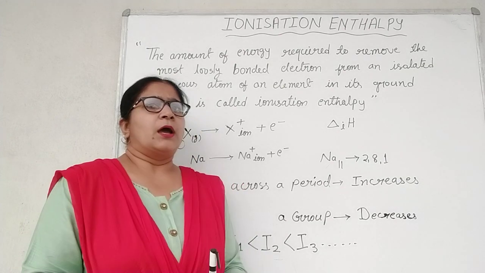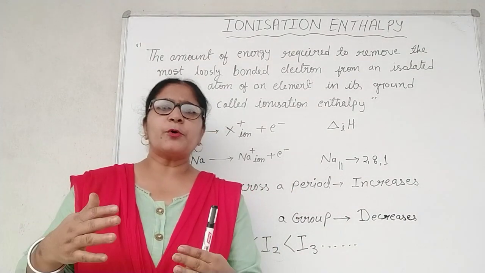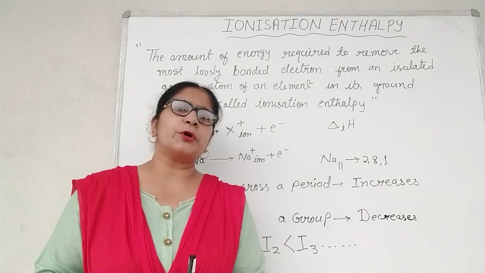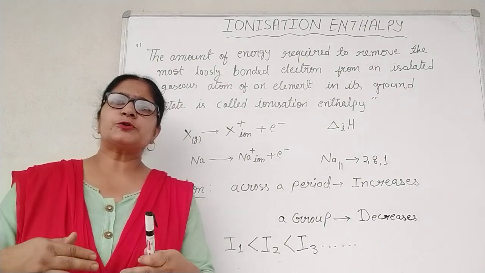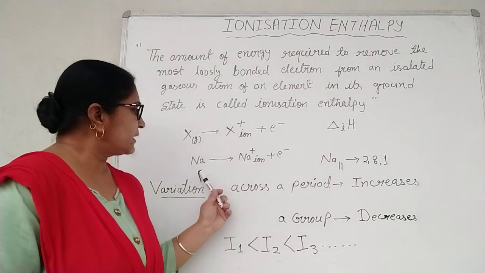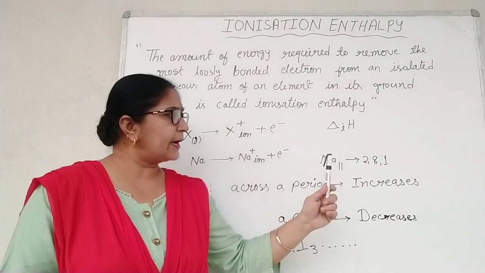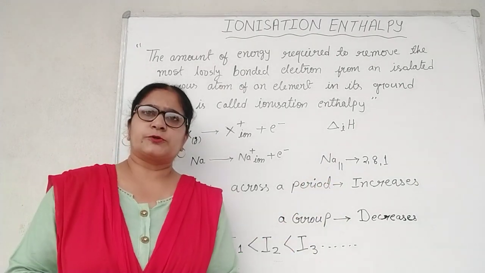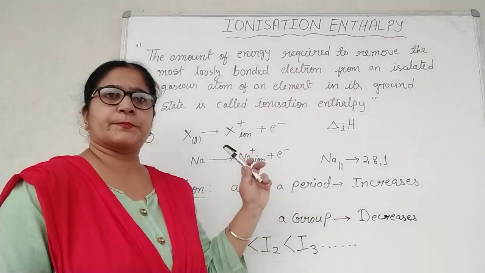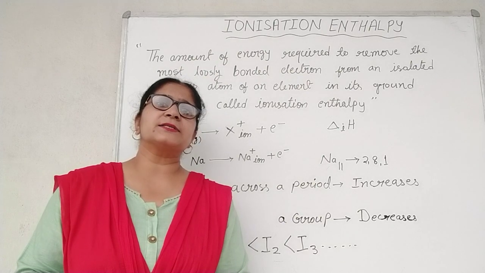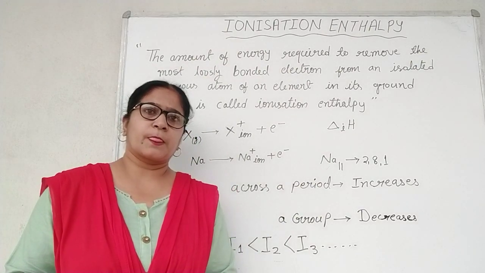Suppose I am talking about sodium. Sodium contains 11 electrons and 11 protons. The sodium ion, Na plus, will have one electron less.